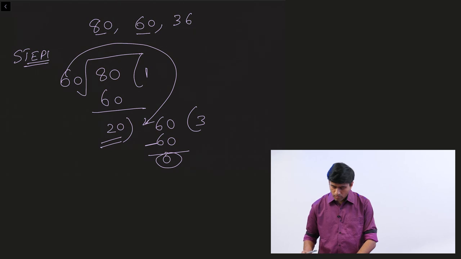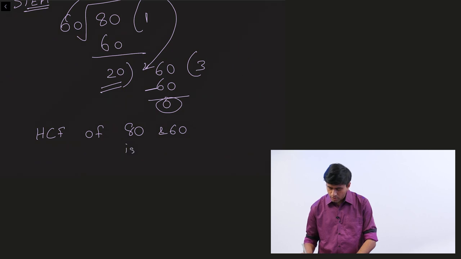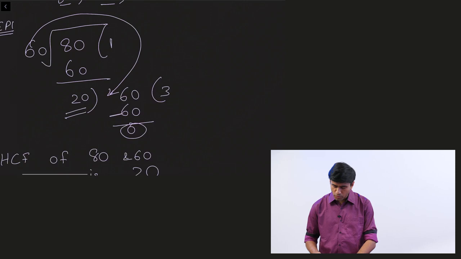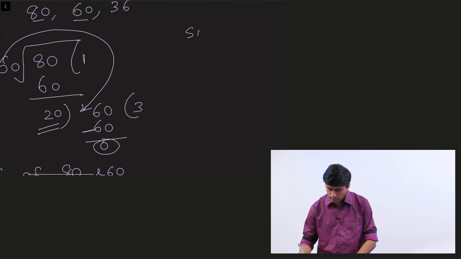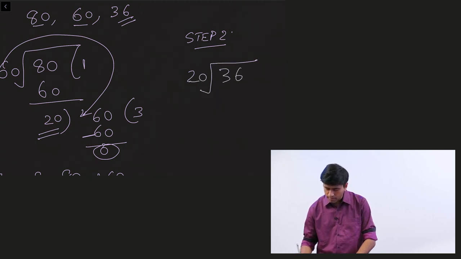So HCF of 80 and 60 is 20. Now in step 2, the third number that is remaining is divided with this HCF. So not 80, 60, but 20, 36.